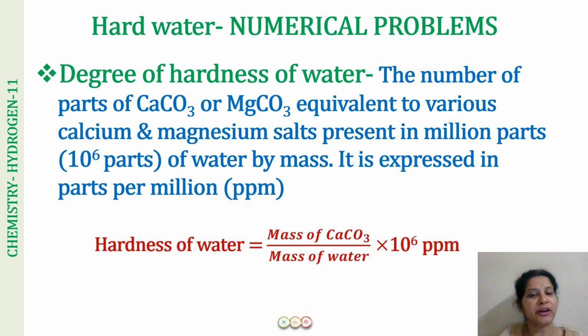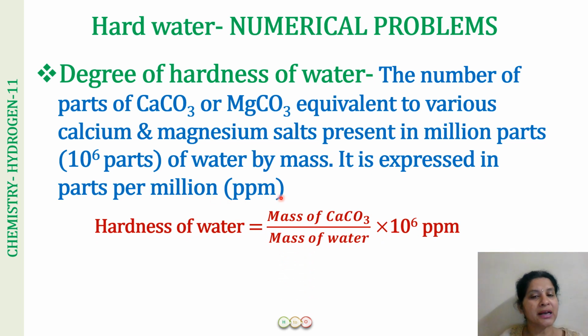So the formula for degree of hardness is mass of calcium carbonate over mass of water into 10^6 ppm. What this means is that whatever may be the hardness causing salt, it may be calcium bicarbonate, calcium sulfate, or calcium chloride, we will be finding the equivalent mass of calcium carbonate for those salts, and then we will be finding out the hardness of water.